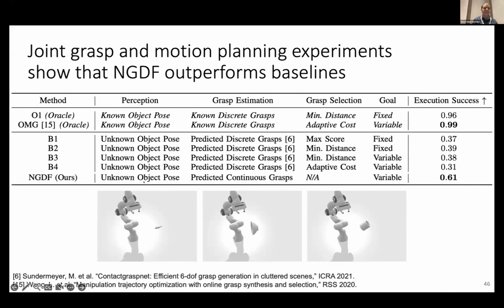Finally, our method optimizes over, again, an unknown object pose, but in this case, using a continuous set of grasps using our neural grasp distance function. And you can see that our performance is significantly higher than the other methods that also assume an unknown object pose, although lower than the oracle method that assumes a known object pose.